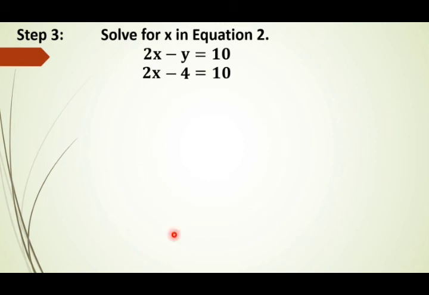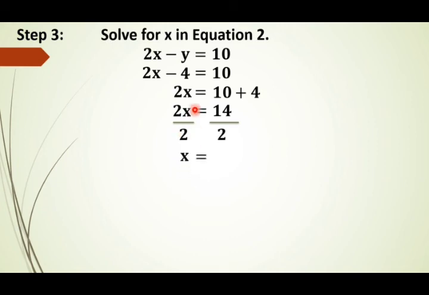Next step, transpose negative 4 to the right side. So, we will have 2x equals 10 plus 4. Simplify, 2x equals 14. Divide both sides by 2. So, 2x divided by 2 equals x. Equals 14 divided by 2 equals 7. Therefore, the value of x is 7.